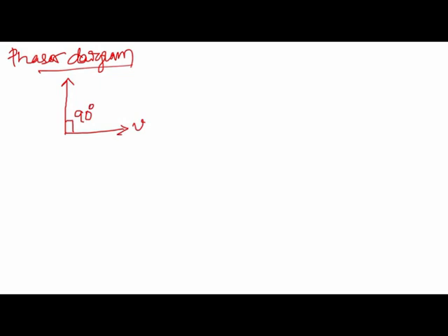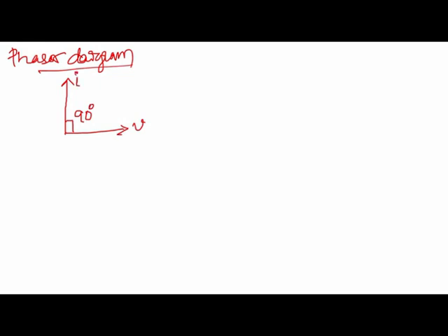So let us draw the phasor diagram. Let us consider voltage again as the reference V, and the current leads here by an angle of 90 degrees, that is pi by 2.